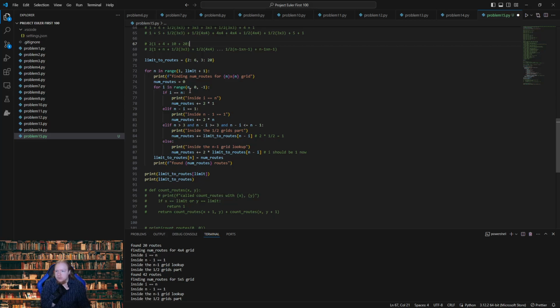So for the third run through, or sorry, for the 4 by 4 grid, we started with 4. I and n both equal to 4, so of course we got that, and then n minus 1, 2 times n, that part's correct.